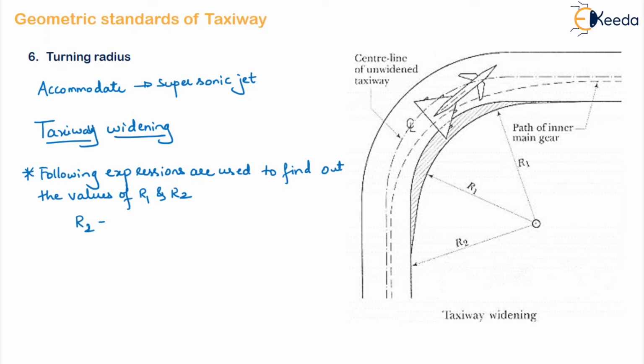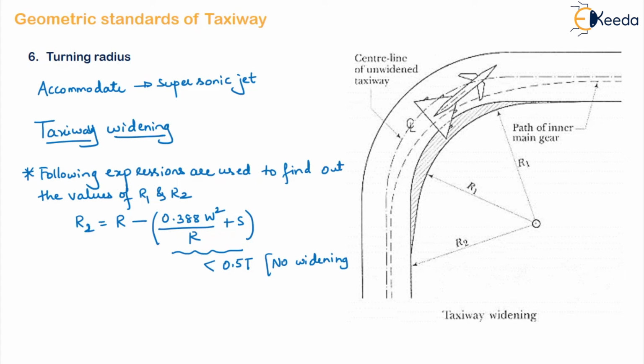R2 will be equal to R minus 0.388 W² / R plus S. Now, if this expression gives a value less than 0.5 T, there is no widening required for the taxiway. And if it is greater than 0.5 T, then we have to work out the radius R1.